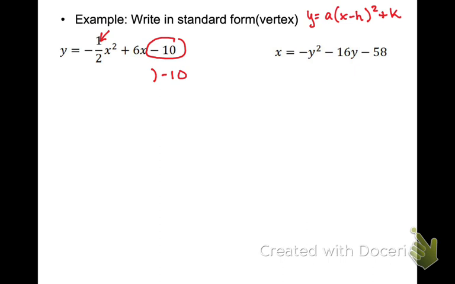So I've kicked out the constant, and so these two are the only two things I have left in my world right this second. And that has to be 1. So that means I have to factor out negative 1/2. If it needs to be 1, I have to factor out negative 1/2. Everyone see that?